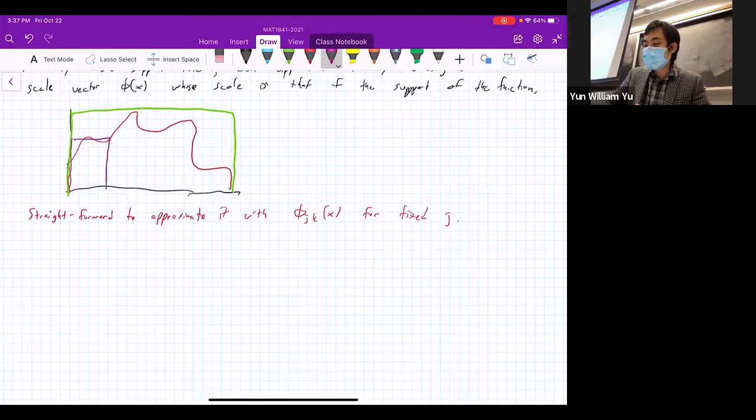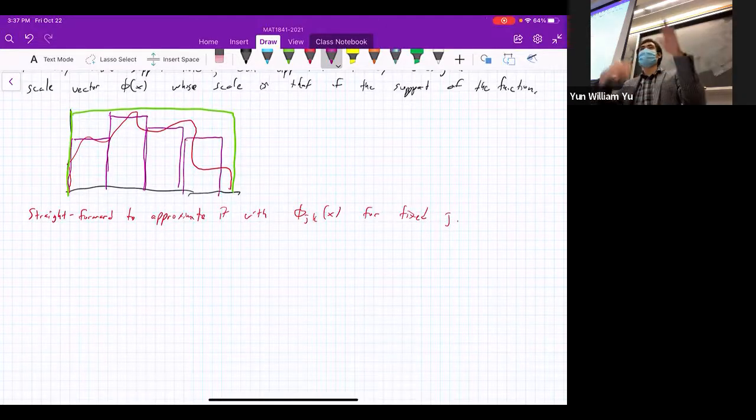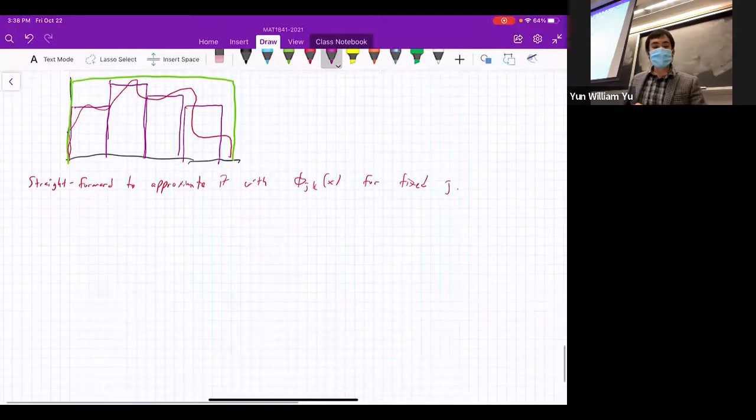Its height here is there, and then maybe the average height here is there, and so on. So clearly you have some approximation, and how exactly you choose the size of the rectangles does make a difference, but not so much as you choose smaller and smaller rectangles. Depends on exactly what you're going to do, but basically think of it like Riemann rectangles. So you can approximate your function using finitely many rectangles, depending on what you want to do.